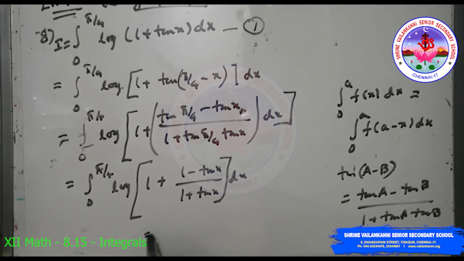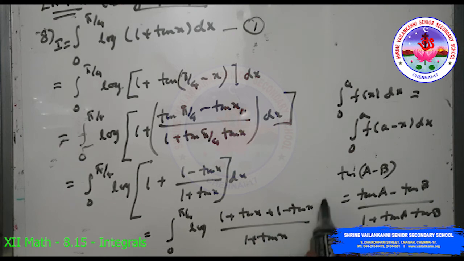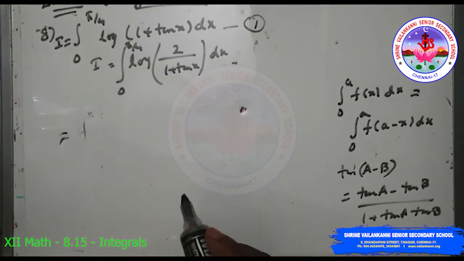So which is equal to integral 0 to pi by 4, cross multiplying this, otherwise taking LCM, so log of 1 plus tan x plus 1 minus tan x by 1 plus tan x dx. So tan x will get cancelled, which is equal to integral 0 to pi by 4 log of 2 by 1 plus tan x.